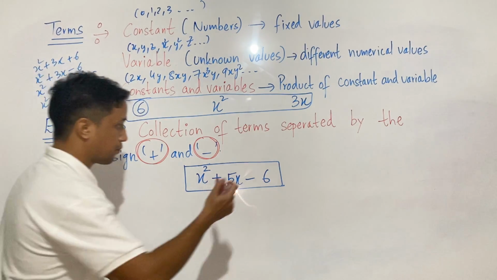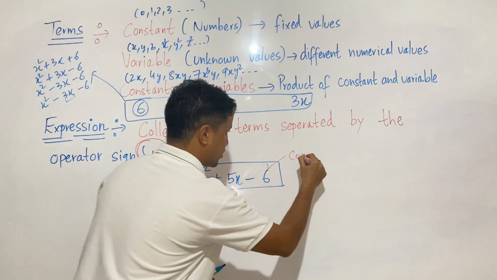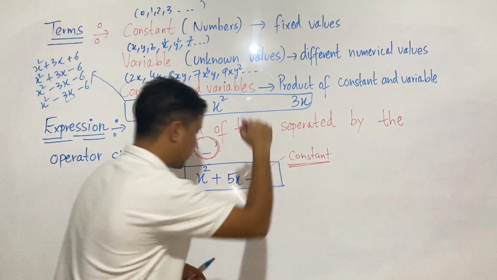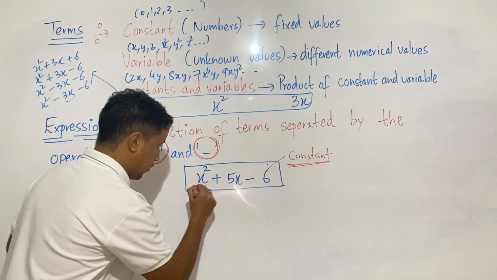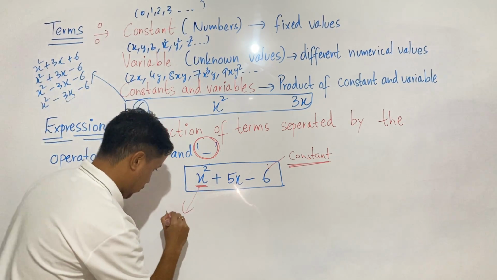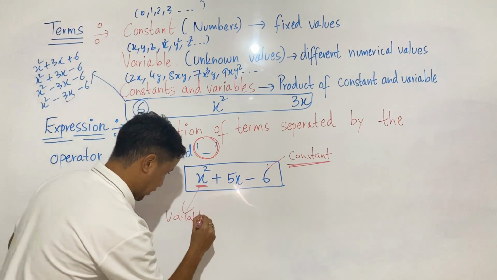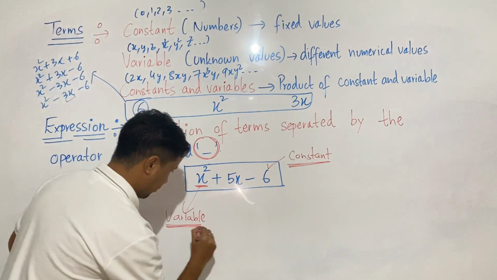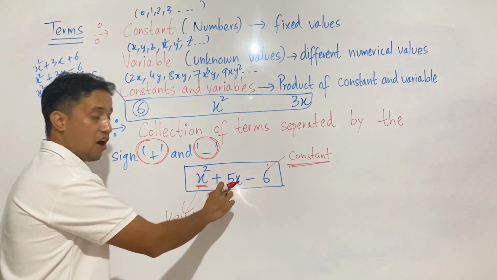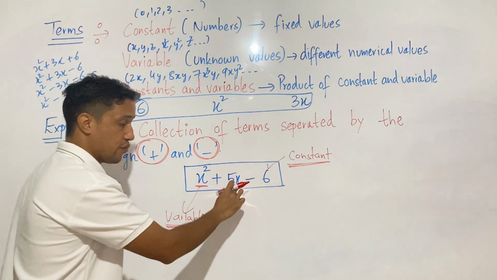So 6, we have constant, right? This is constant term. And x squared, it's unknown, so it is variable term. Then in the middle we have product of constant and variable.